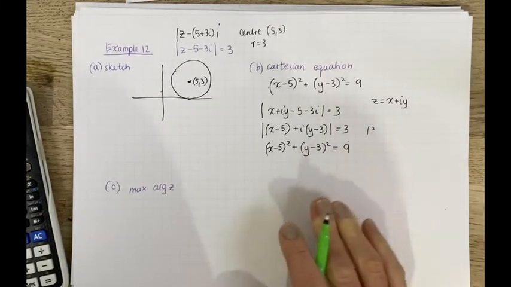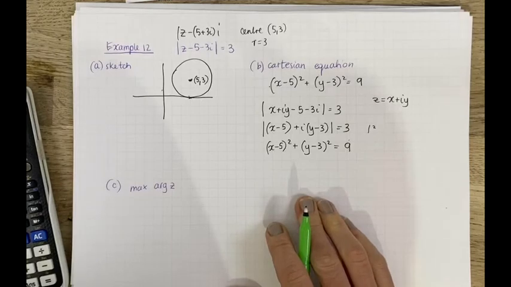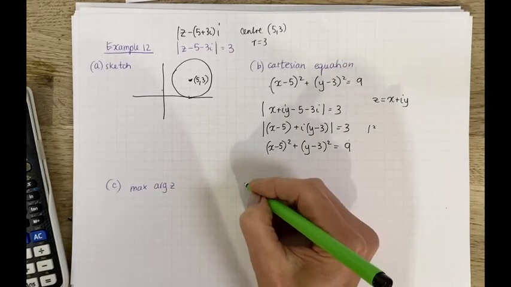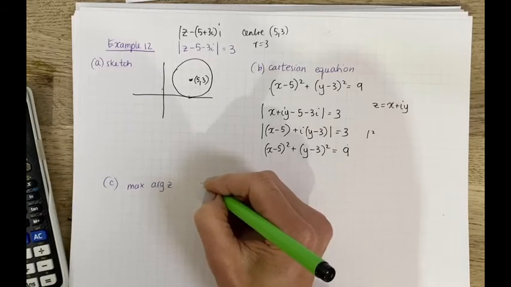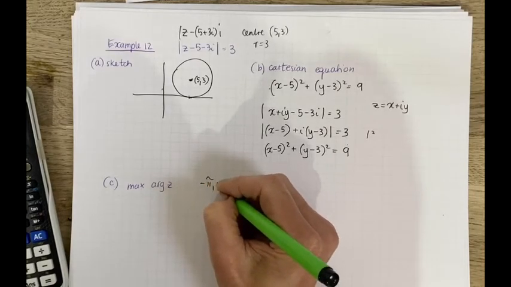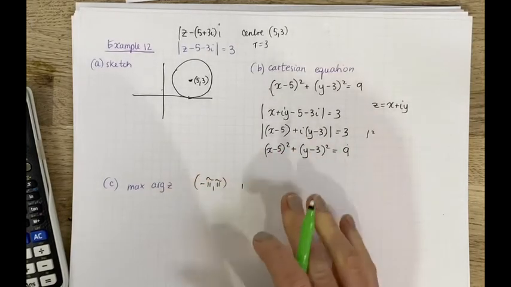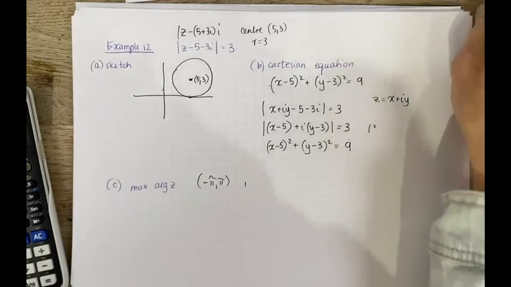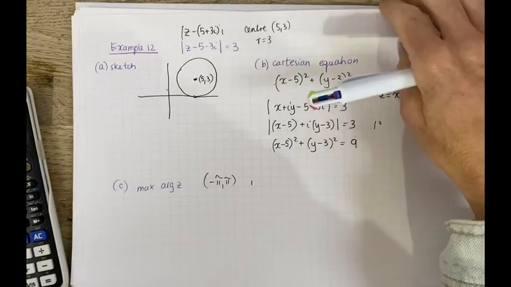Now for part C, they ask us to find the maximum value of arg z in the interval between -π and π. So let's see what they are talking about. Let's go back to the idea: what is the argument?